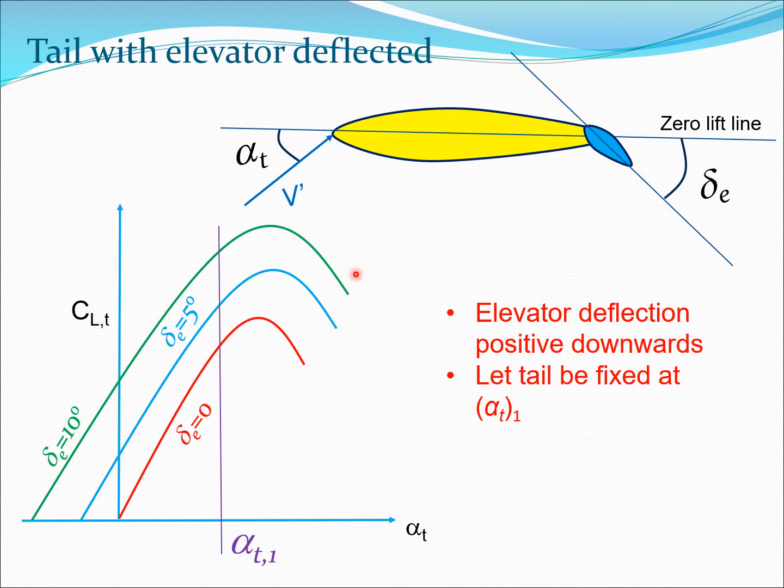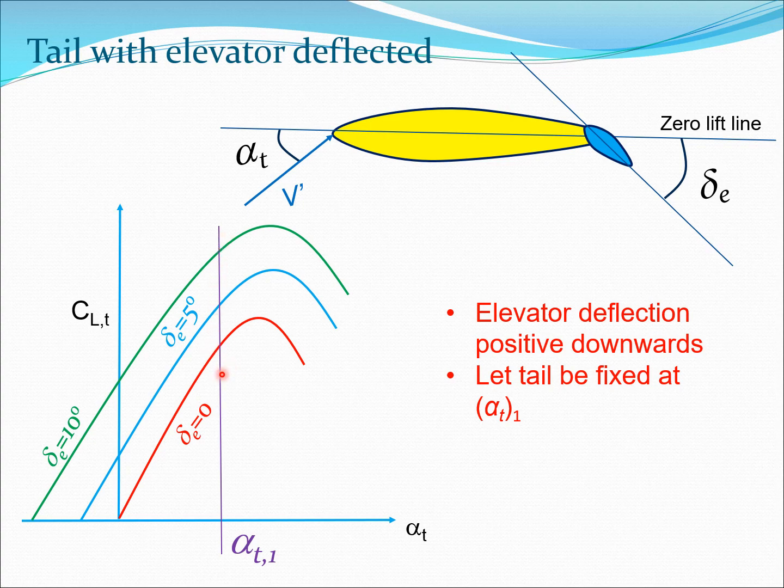So now one of the things to remember of course here is that the elevator deflection is positive downward. So you can see in all these cases the deflection of 5 degree or 10 degree means that it's a downward deflection. So if we were to fix the tail at some value, let us say some value alpha t1, then what would happen is this line would correspond to this fixed value, and you can see here in this case that only the delta E would have an impact on the CLT here.